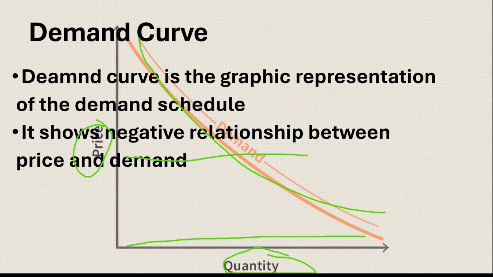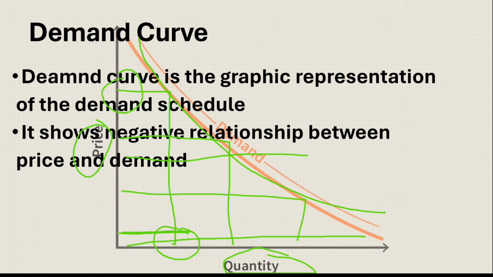Because whenever the price increases, demand decreases. Here I can decrease the price, then quantity demanded increases. I can decrease again. Here I can increase the price, quantity demanded falls like this. Here I can decrease the price, quantity demanded will be more, because the area is more. It depends upon the demand curve.